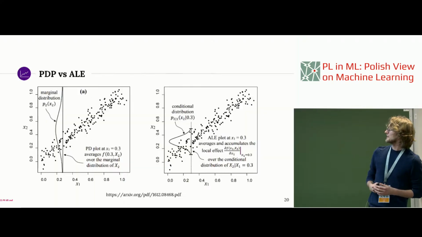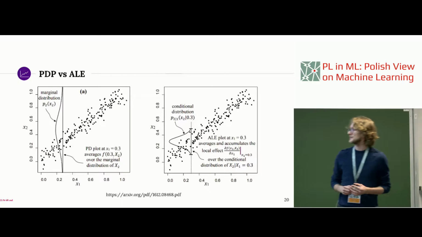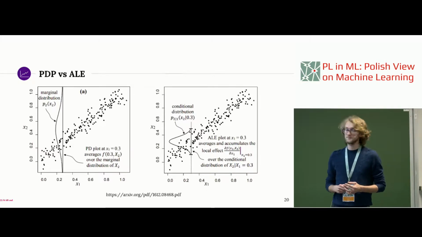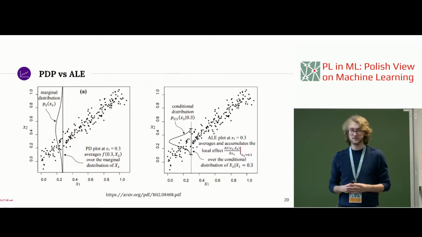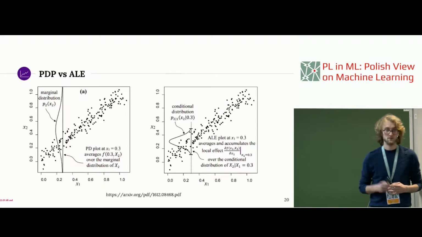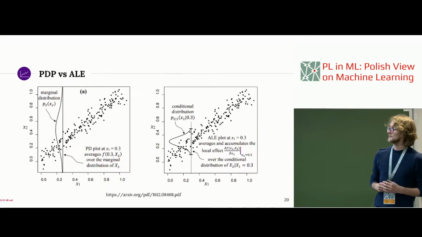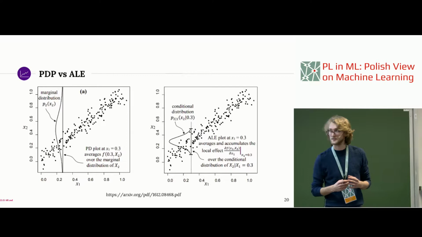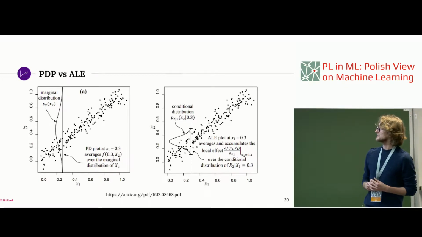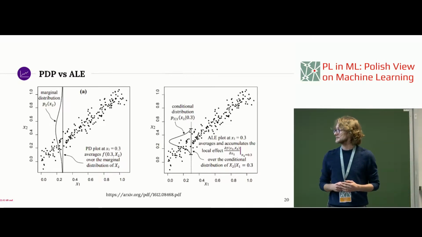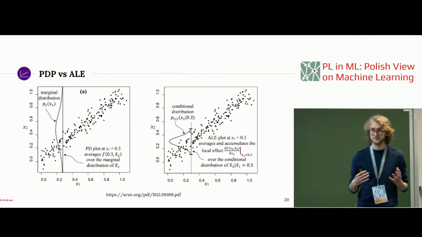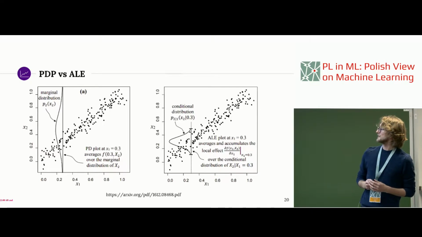But we can see over here some difference on these plots, how both of them are calculated, and what the difference can be when the variables have some interactions. So we can see that ALE works much better when the variables have some interactions.